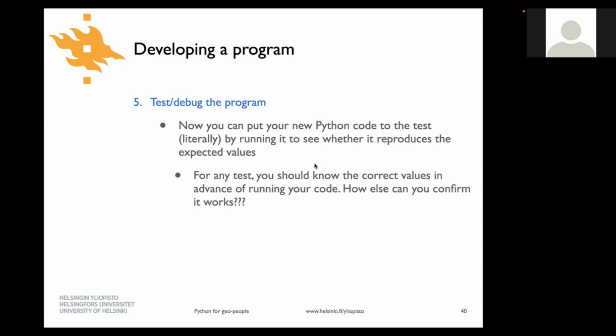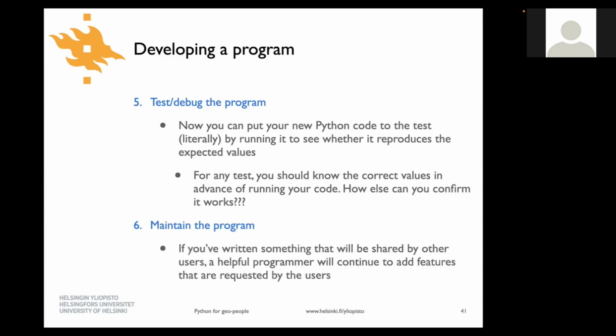So in order to know that the program is working, it's great that it runs and doesn't produce errors, but actually testing to see whether the results it produces are reasonable is an important part of this as well. Otherwise, it runs, but do you actually know whether it works?